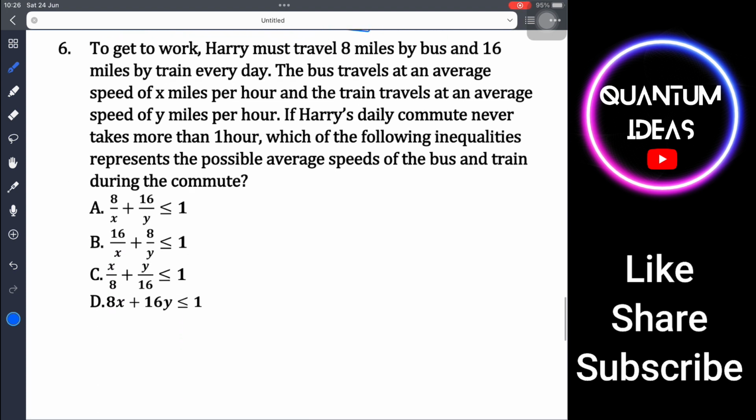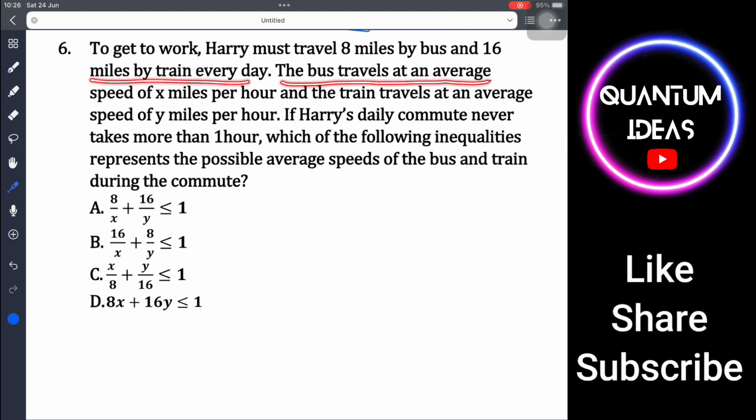So let's go to number 6. It's quite long. To get to work, Harry must travel 8 miles by bus and 16 miles by train every day. These are the distances to be traveled by bus and train every day.